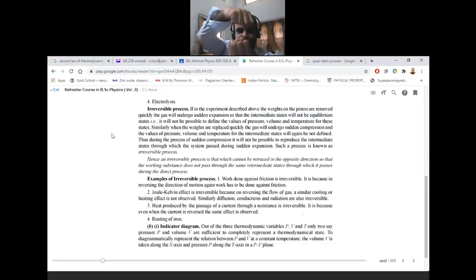Suppose you have a piston, and instead of removing the weights very slowly, you remove them all of a sudden. In that case, there will be no definite values of pressure, volume and temperature during the expansion.